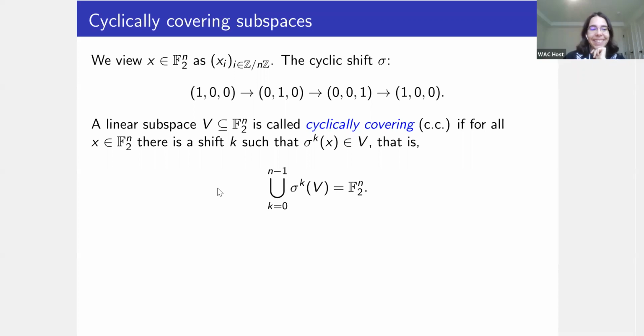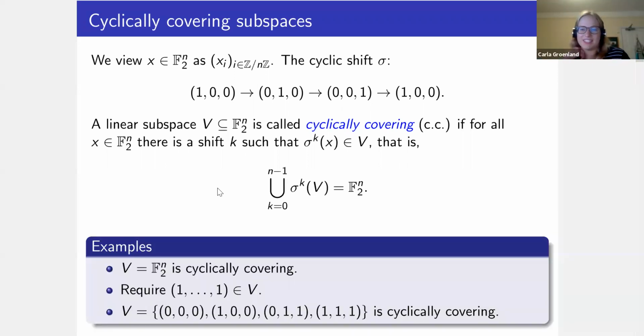Exactly, yeah. An easy example of this is just to take the whole space. So we always have some cyclically covering subspace. And we also can never make it too small because we always need the all ones vector to be in it. Because whenever we start shifting this around, it just remains the same thing. So we just need to put it in. And to give a non-trivial example, for n is 3, we can take this space.